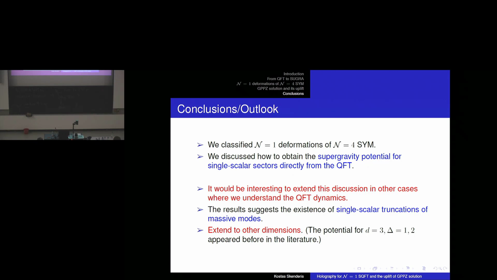It would be interesting to extend this discussion to other cases where the quantum field theory dynamics are understood, for instance the gauge kinetic function using Dirac-Alpha technology and so on. As I said earlier, these results suggest the existence of single scalar truncations for massive modes, which seems very surprising from the supergravity perspective. I focused here on d equals 4, but the discussion straightforwardly extends to other cases. For example, the potential for d equals 3, delta equals 1 or 2 already appeared before in the literature.